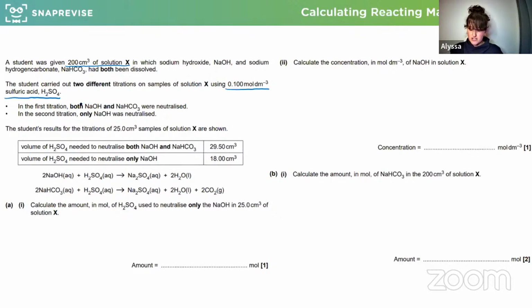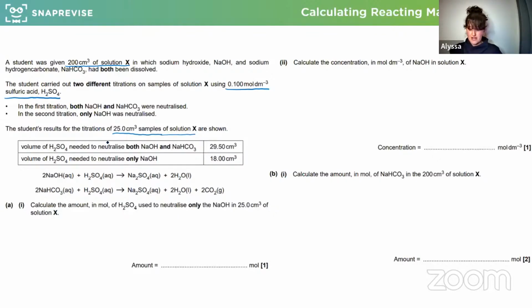In the first titration, both sodium hydroxide and the sodium hydrogen carbonate were neutralized. In the second titration, only sodium hydroxide was neutralized. The student's results for the titrations of 25 cm³ samples of solution X are shown in the table.